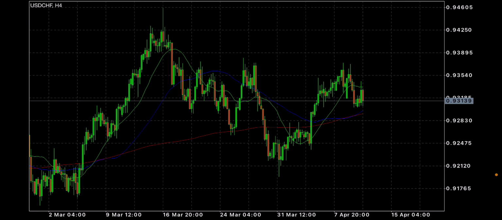With this news coming out, it's starting to look like inflation is still here, but it's not as aggressive as it was during the previous months of March and January when inflation was very, very aggressive. If that was the case, the CPI numbers would be much higher than they were previously and much higher than what was predicted.